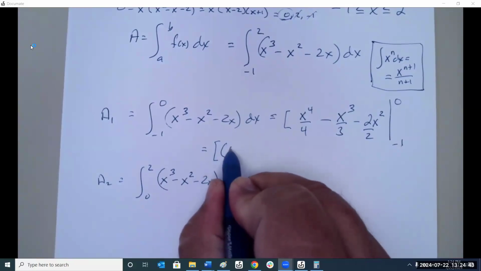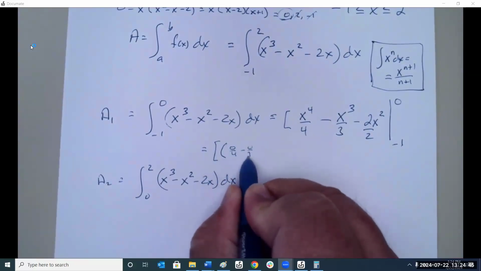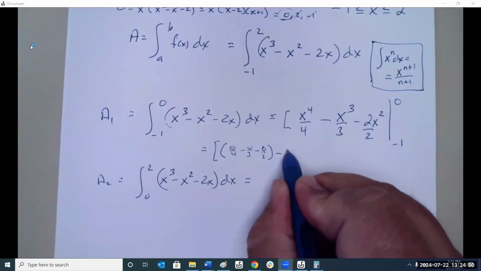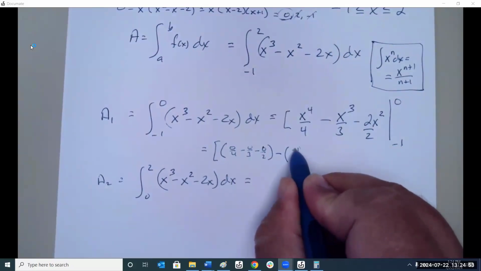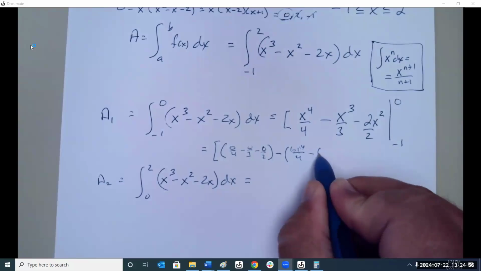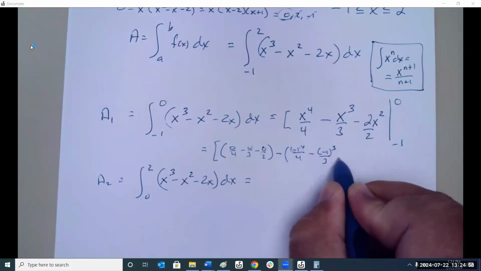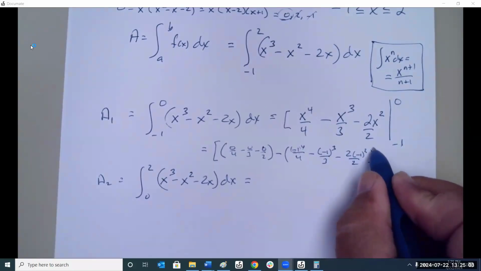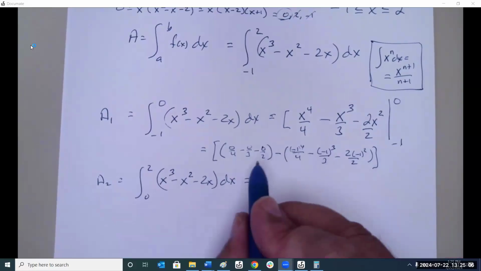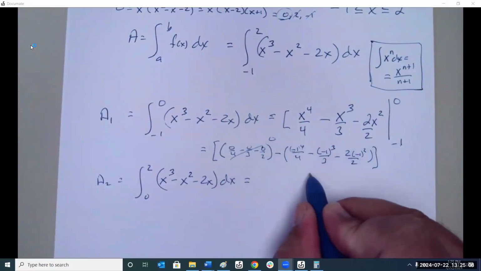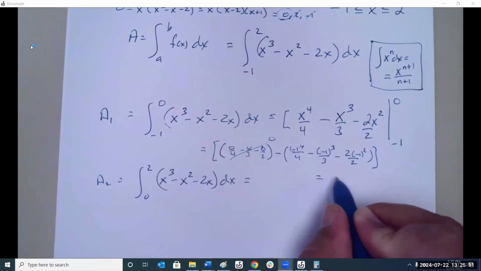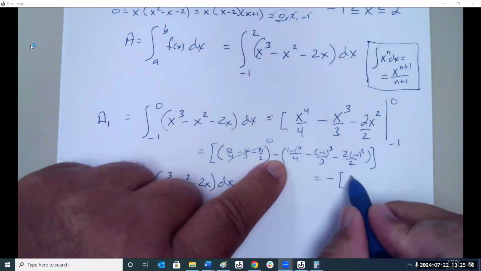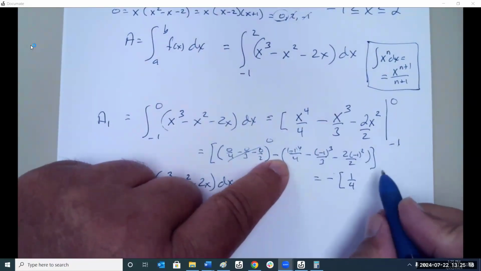So we get 0 over 4 minus 0 over 3 minus 0 over 2 minus -1 to the 4th over 4 minus -1 cubed over 3 minus -1 squared over 2. So that's 0. -1 to the 4th is 1 over 4.